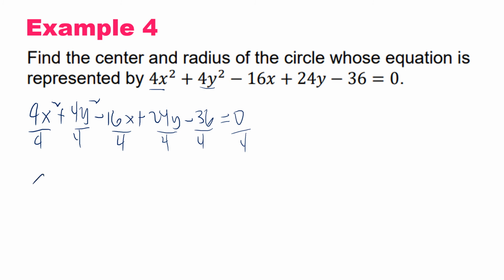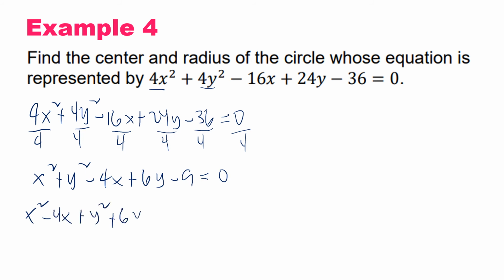So this will be x squared plus y squared minus 4x plus 6y minus 9 equals 0. Then yung kagaya ng kanina, pagsamahin natin yung x squared minus 4x. Tapos yung y squared plus 6y.